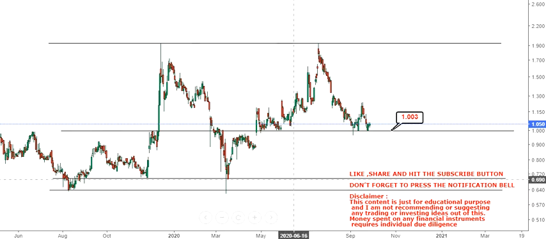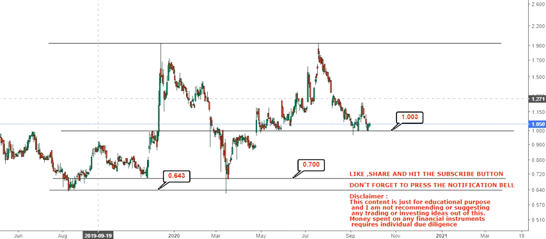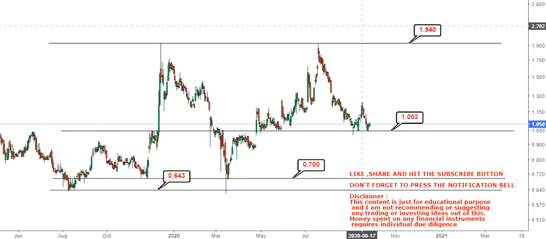If this support level breaks, then you have your next support at 0.7, and then your next support at 0.6. Now looking at this current trend, if this support level holds, then the stock could probably move towards the upper end of the range, which is 1.9.